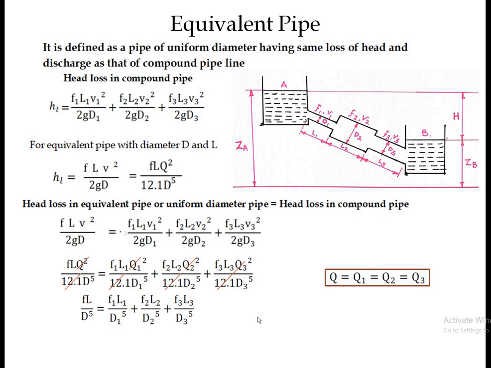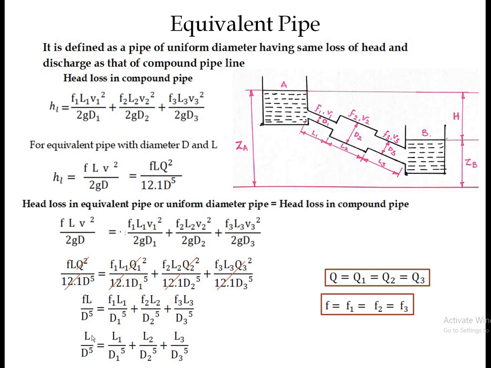Suppose the material of all pipes in the compound pipe is the same, and the same material is used in the equivalent pipe. Then the friction factor f equals f1 equals f2 equals f3, so the friction factors get cancelled, and finally we get L upon D raised to 5 equals L1 upon D1 raised to 5 plus L2 upon D2 raised to 5 plus L3 upon D3 raised to 5.